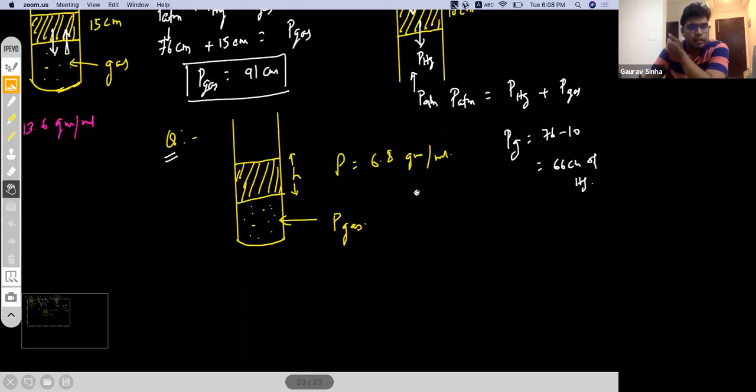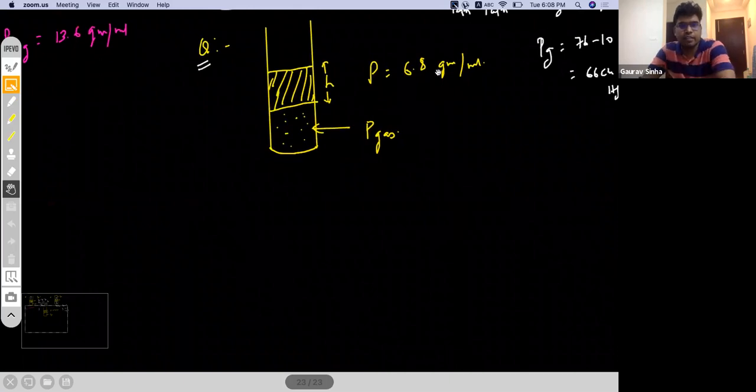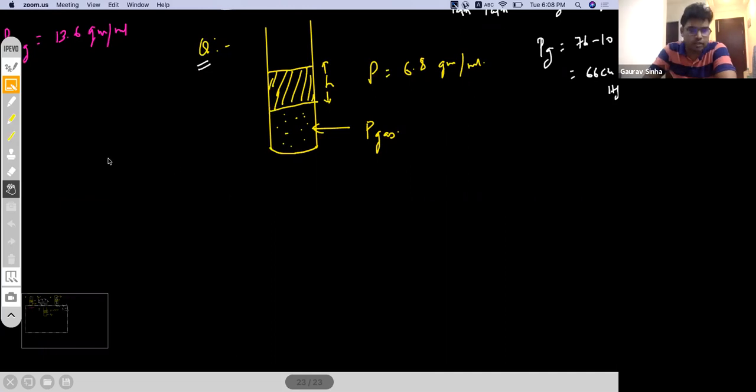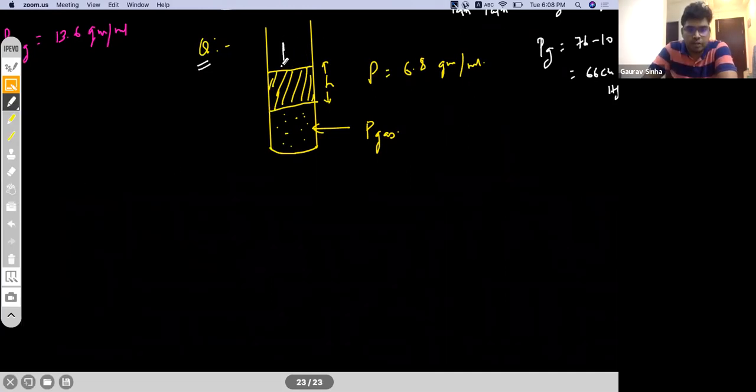Okay. In the last one you see, the density is given as 6.8. Obviously, this liquid column is not mercury. So here, the pressure of atmosphere is downward, P atm. Pressure of this liquid, we don't know what liquid it is, is downward, and pressure of gas is in the upward direction.